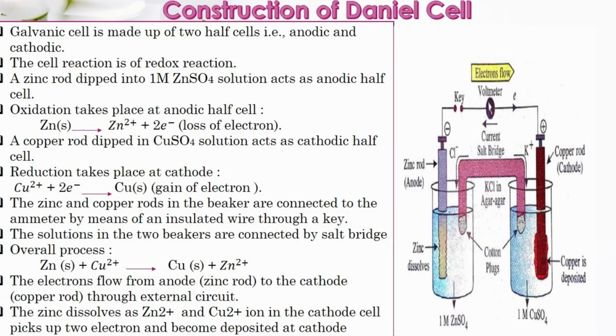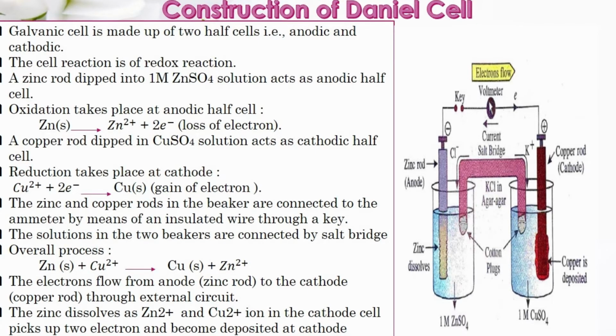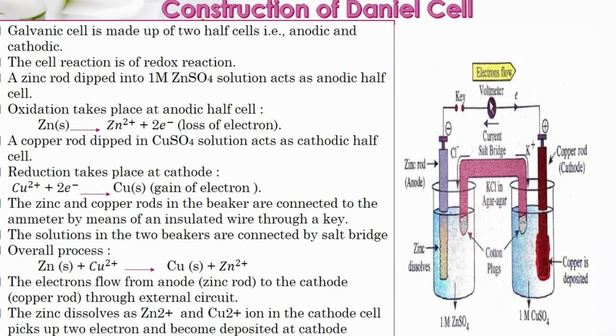The third observation is that the weight of the copper rod increases and the concentration of Cu2+ ions in the copper sulfate solution decreases. We can also see the flow of current in the external circuit with the help of the voltmeter. Now we will try to explain these five observations.